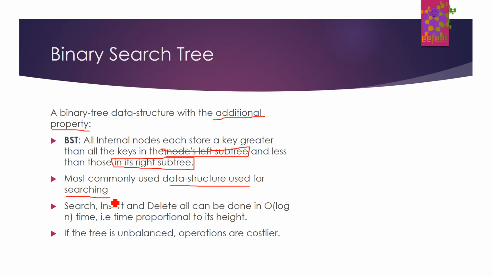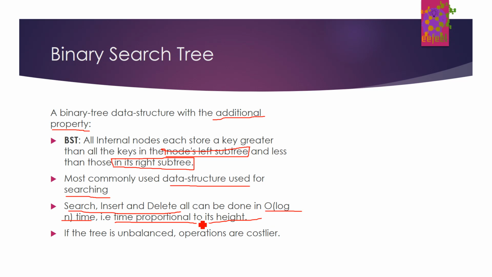Operations like search, insert, and delete can be done in logarithmic time, or log n time, in comparison to an array where we have to traverse through each of the elements. This is pretty fast, and it is proportional to the height of the tree.